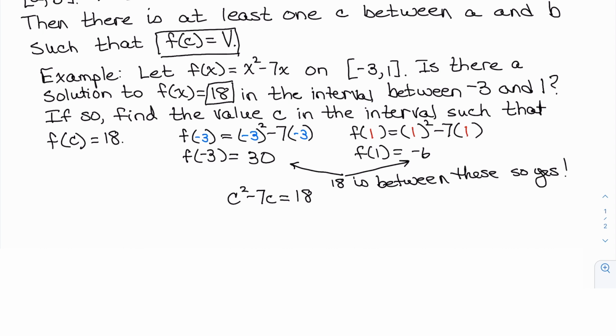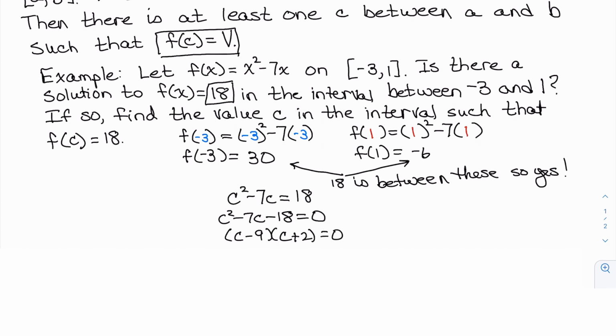To solve a quadratic equation, we want to have a 0 on the right-hand side. We have c squared minus 7c minus 18 is equal to 0. We look to see if that's factorable, and if not, we could use the quadratic formula, but this does factor. The factors of negative 18 that add to get negative 7 are negative 9 and positive 2.